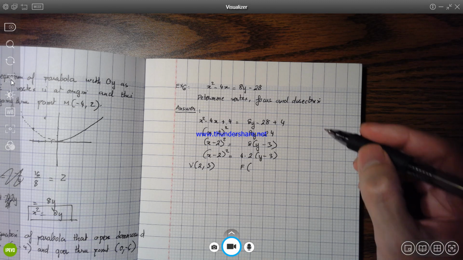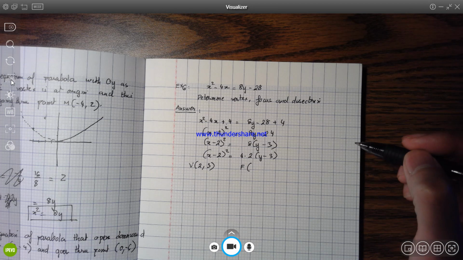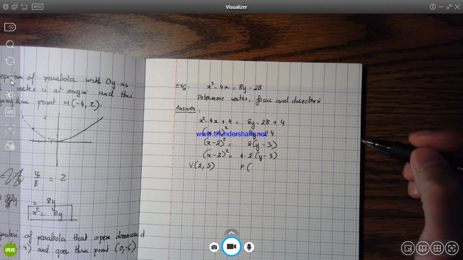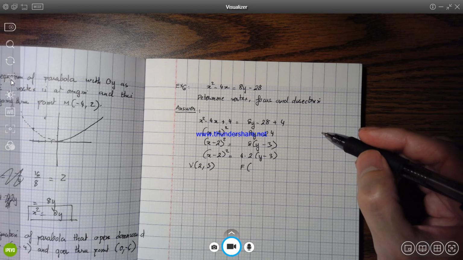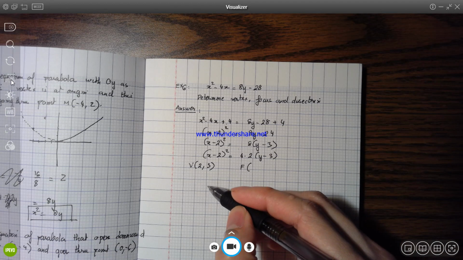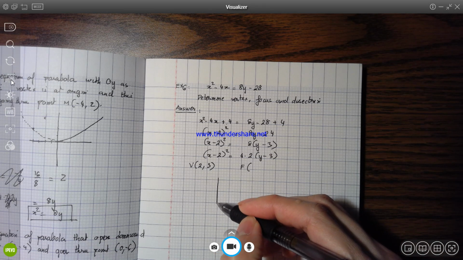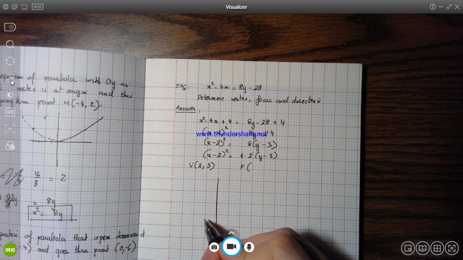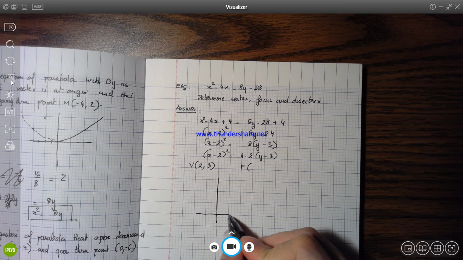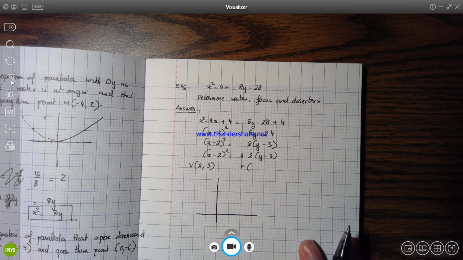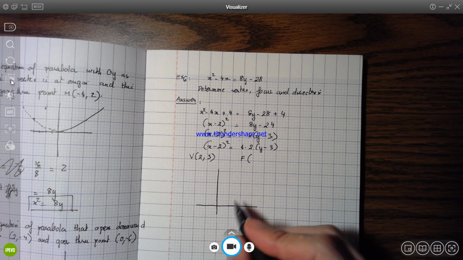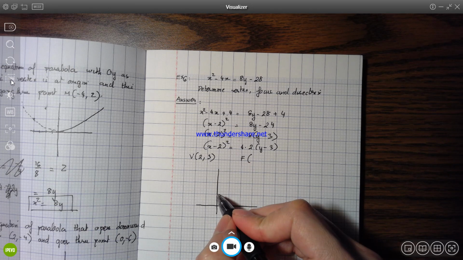So just imagine, this is 2 and 3. The vertex is 2 and 3. Let's graph it quickly right over here, then you know right away. We know the vertex is 2 and 3, so 2 right here and 3 right here.